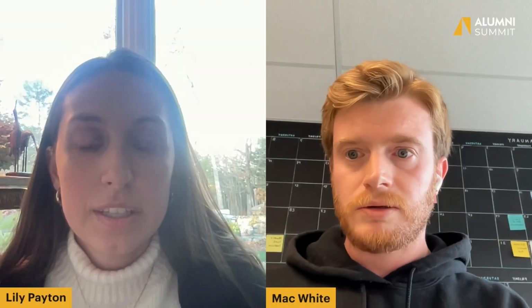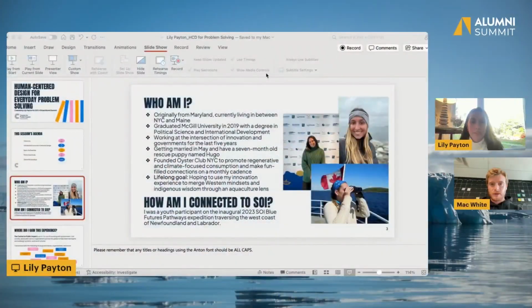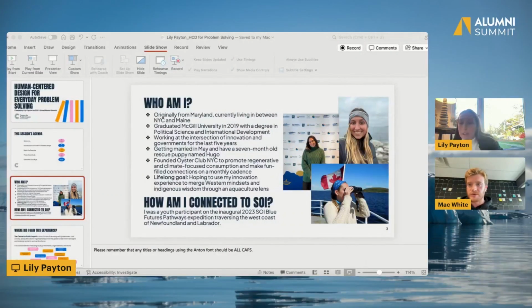Yeah, no worries. Presenter view. How does that look? It still is showing your full screen, unfortunately. Okay, and does this work? Let's see. Unfortunately not. Here, you can see what we're seeing now as well.